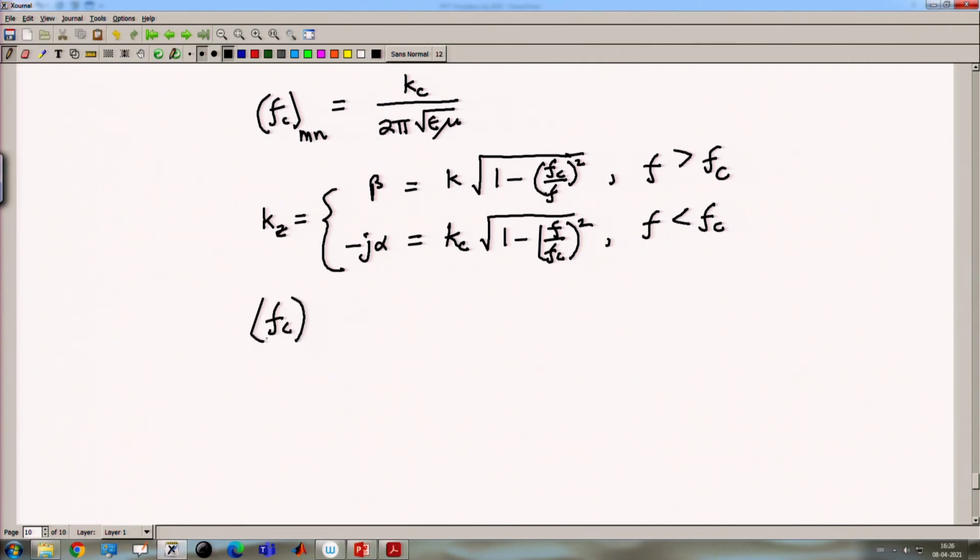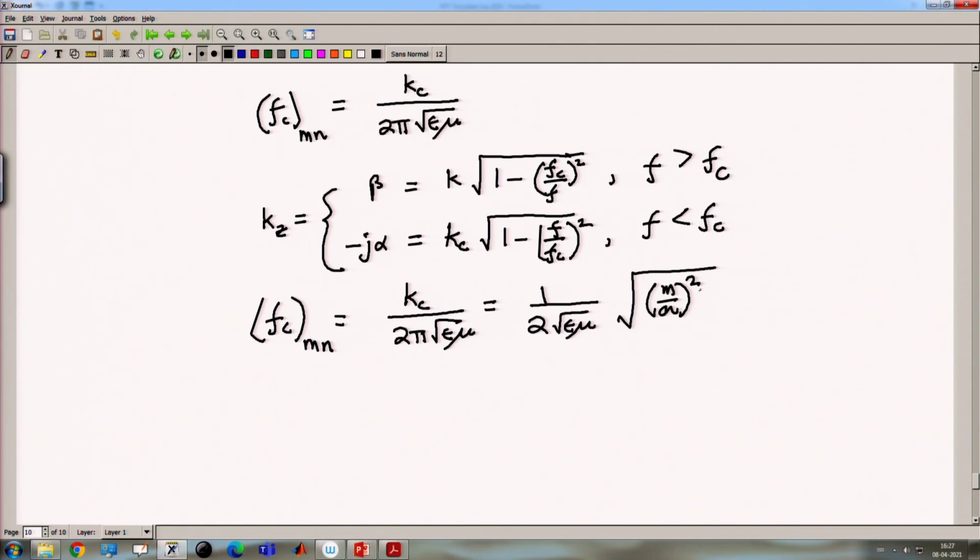Where f c m n, the cutoff frequency of the m nth mode, is given by k c by twice pi root of epsilon mu, and that is equal to 1 by 2 root epsilon mu root of m by a whole square plus n by b whole square. So, let us call this equation 8.